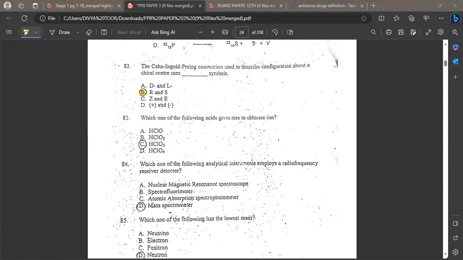Yeah, C is correct. D would be perchlorate.